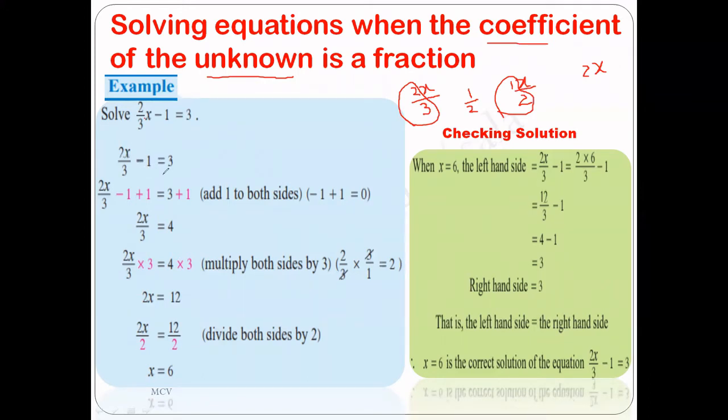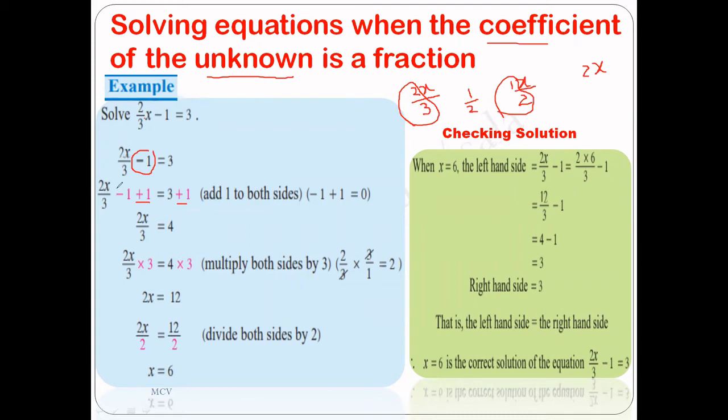As I told you, you have to maintain the balance of the scale. This is like a balance scale. So if you do some mathematical operation to the left hand side, do the same thing to the right hand side also. To remove this minus 1, we add 1 to both sides.